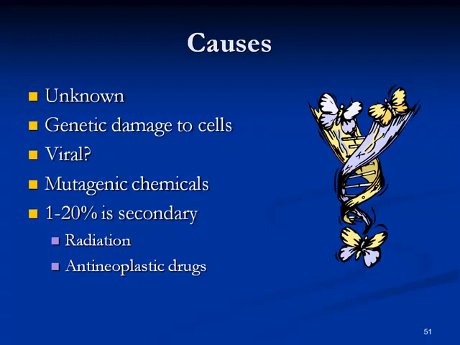Certainly exposure to carcinogens in the environment, in the workplace, wherever can increase the risk of leukemia. And then this is a wide range, I know, but you see different sources. So somewhere between 1 and 20% it results from patients who got radiation or chemotherapy for some other cancer. So they were treated for cancer, some other kind of cancer, and as a result got leukemia.